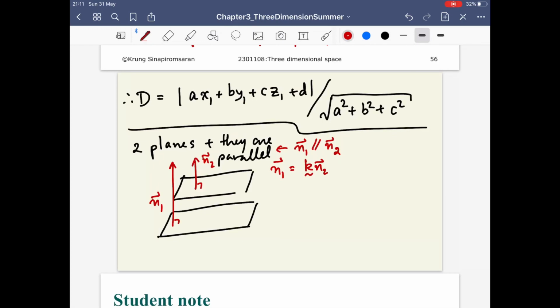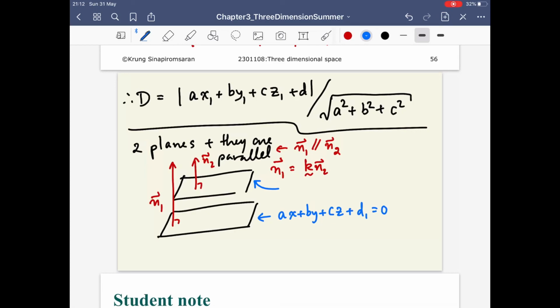However, in terms of practice, your first plane will be ax plus by plus cz plus d1. Your second plane may be something else, for example, a hat x plus b hat y plus c hat z plus d2.